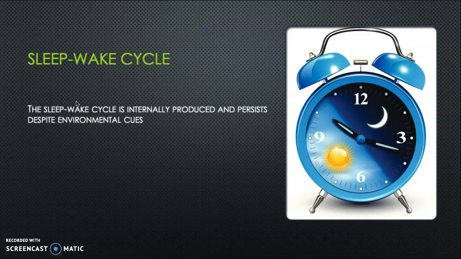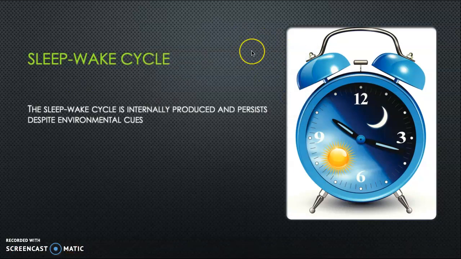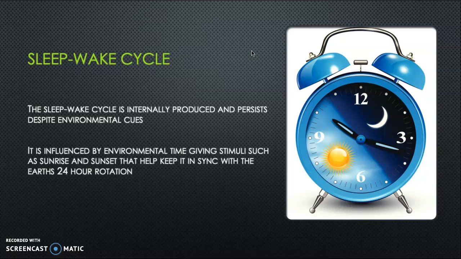This is internally produced and persists despite environmental cues. So in other words, whether or not you are in a room that has light and dark, you could be in a completely dark room, isolated from everything else, the sleep-wake cycle will still persist and occur.